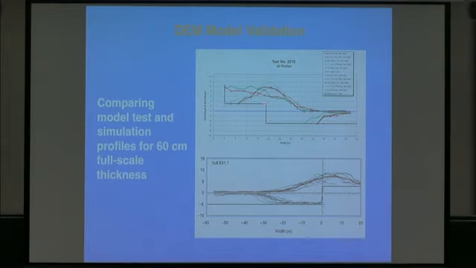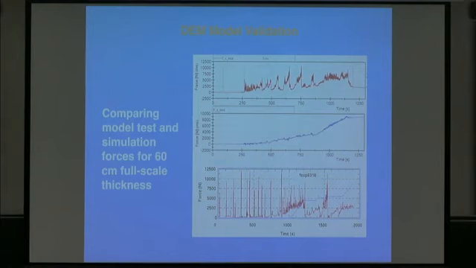Again, the profiles for the physical model and the numerical model don't look too bad. The forces, again, in the physical model, you've got the rise and the fall at sort of regular intervals. In the numerical model, this one actually has a few episodes of rising and falling.